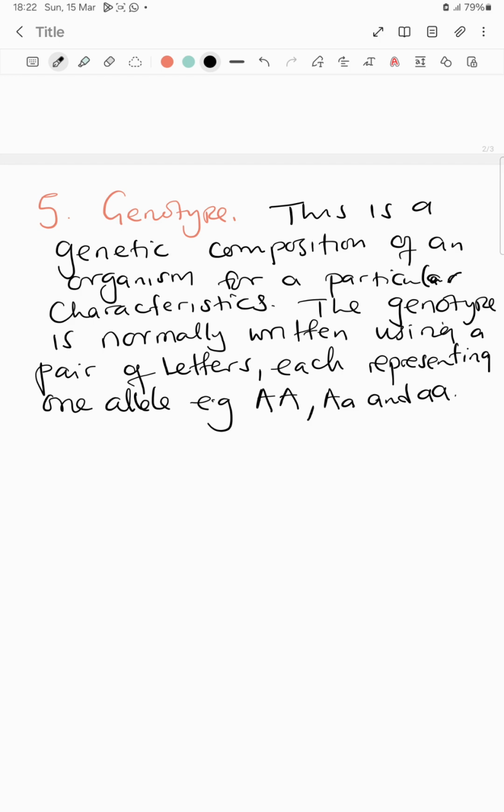So when you talk about genotype, we represent it using letters. You will see when you start looking at genetic diagrams how we use genotype. So in summary, genotype is the genetic composition of an organism for a particular characteristic. Simple as that.